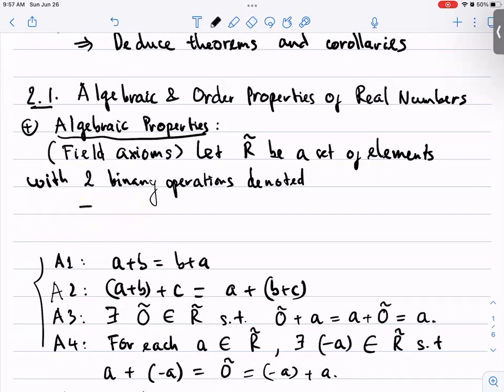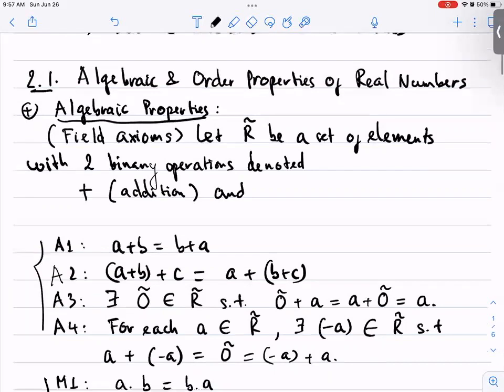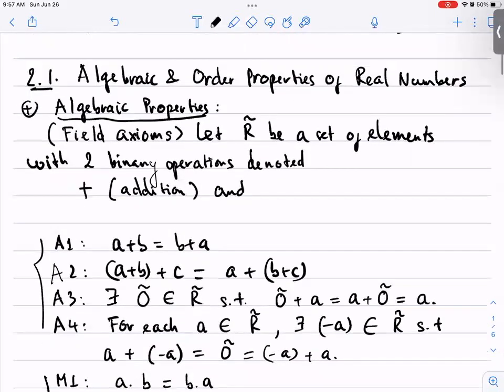First, we have this symbol denoting addition and the dot symbol here denoting multiplication.